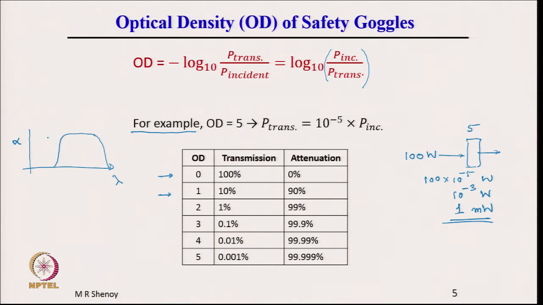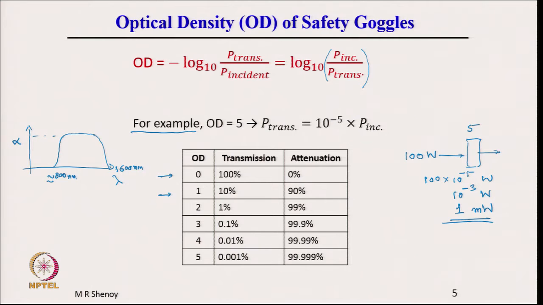What I have shown is the loss coefficient, not transmission, generally from around 800 nanometer to 1600 nanometer or so. So, this is the loss.